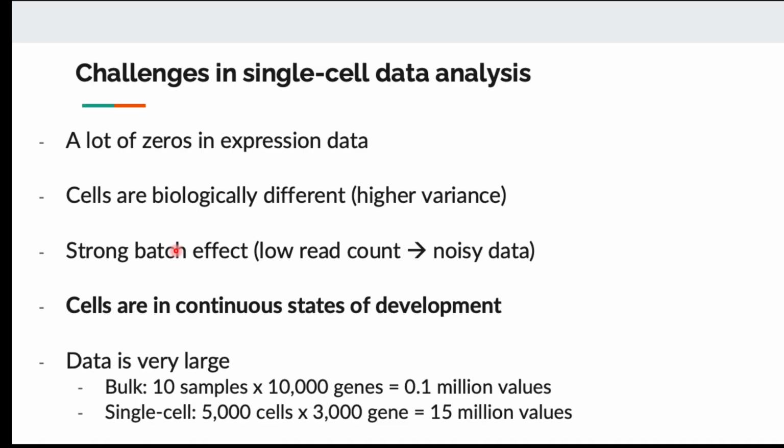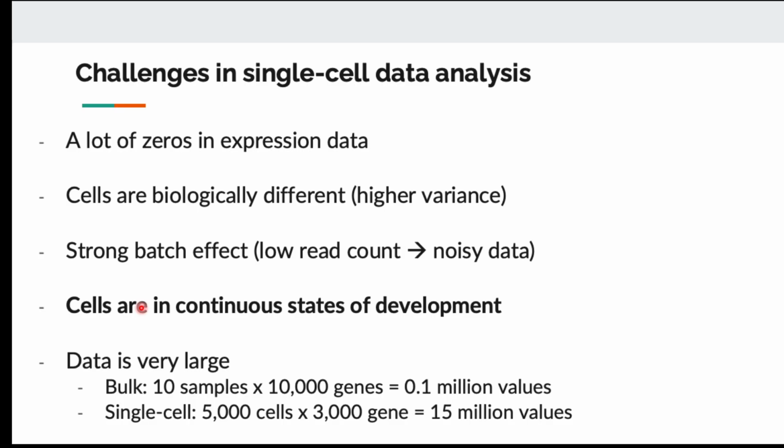If you analyze the same tissue twice in separate single cell sequencing runs, you can get different data. Because you have low read counts, you are basically sampling the gene with very few reads, so your data is going to be very noisy. So this is a big problem that you need to deal with. If you have batch effect, you cannot interpret anything because everything will be confounded by the batch.